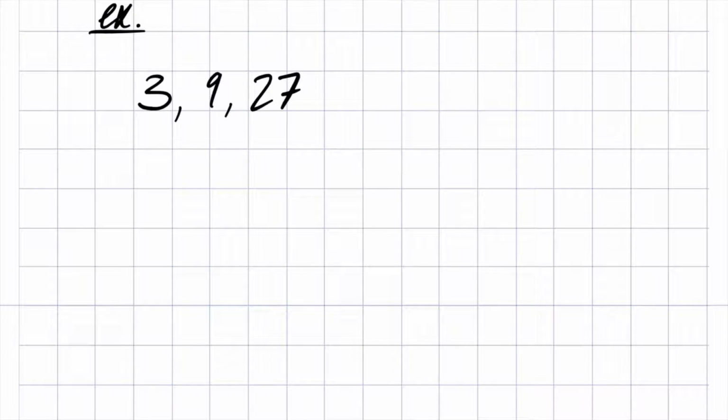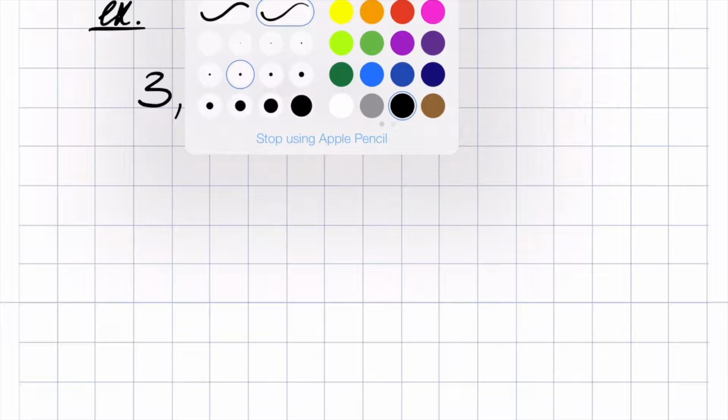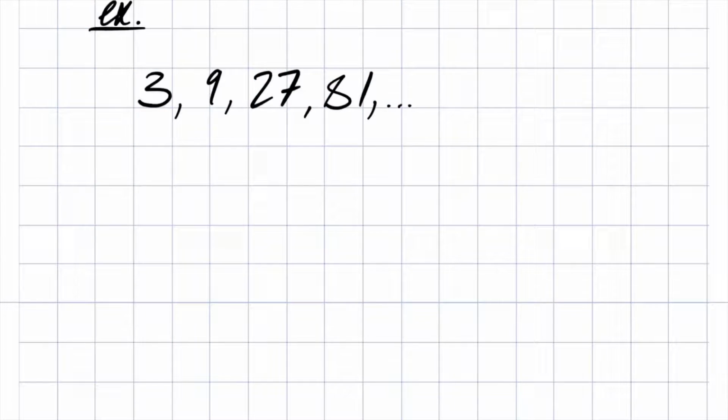Let's say we have a sequence 3, 9, 27, 81. Okay, we'll leave it there. So just by looking at it, you can say, well, from here to here is times 3.